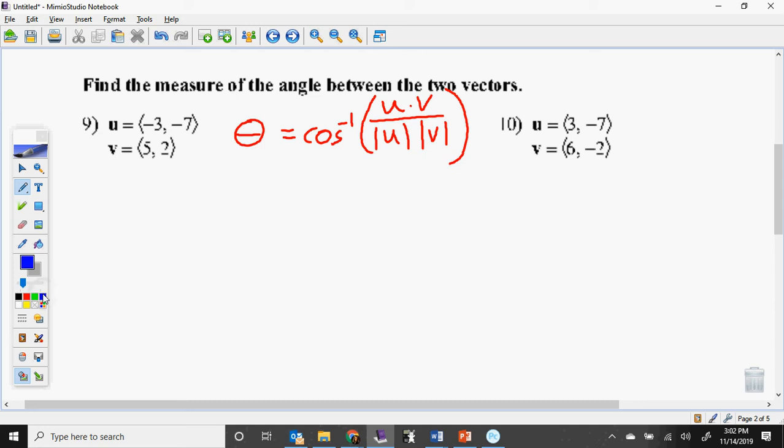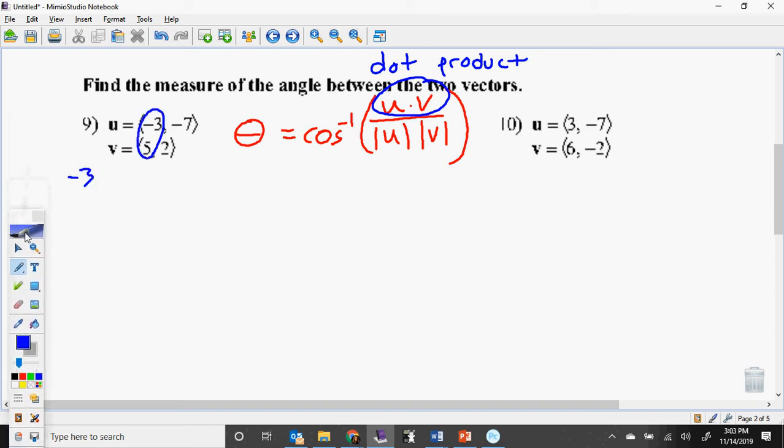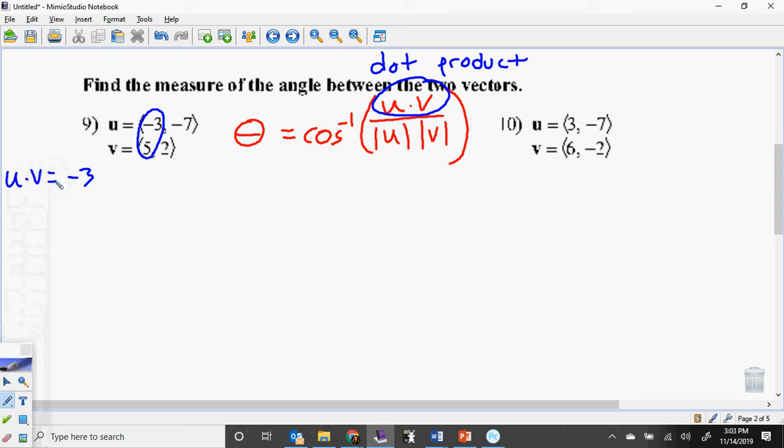So the first thing I need to do is the top, that is dot product. Alright, so what we just finished doing on the first page. So dot product, multiply those two together, negative 3, and I'll move this off to the side, and say this is u dot v, negative 3 times 5, plus, multiply those, negative 7 times 2.